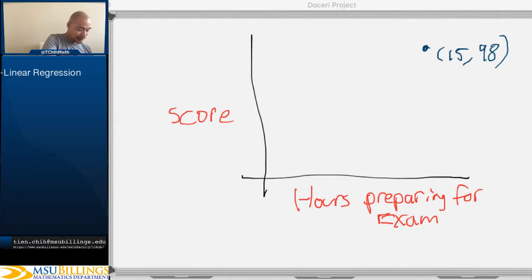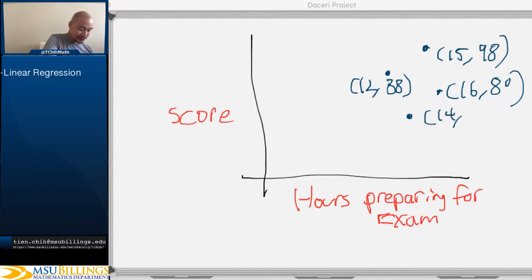A different student prepares for 16 hours and receives a score of 80. A different student prepares for 12 hours and gets a score of 88, and so on and so forth. Let's say someone did 14 hours and got a 75.